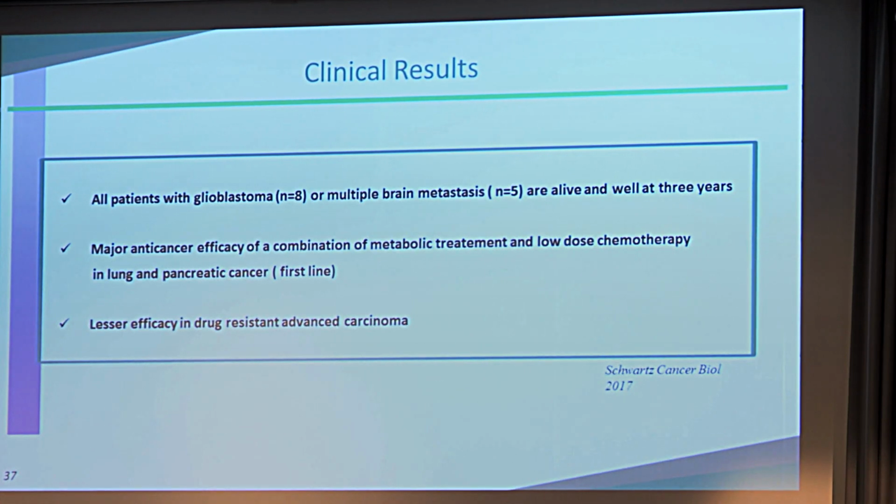Unfortunately, we don't cure people. These people are here, but they are not cured, and 3 out of the 8 glioblastoma patients have relapsed since publication of this paper. But clearly, the speed of disease is completely changed.